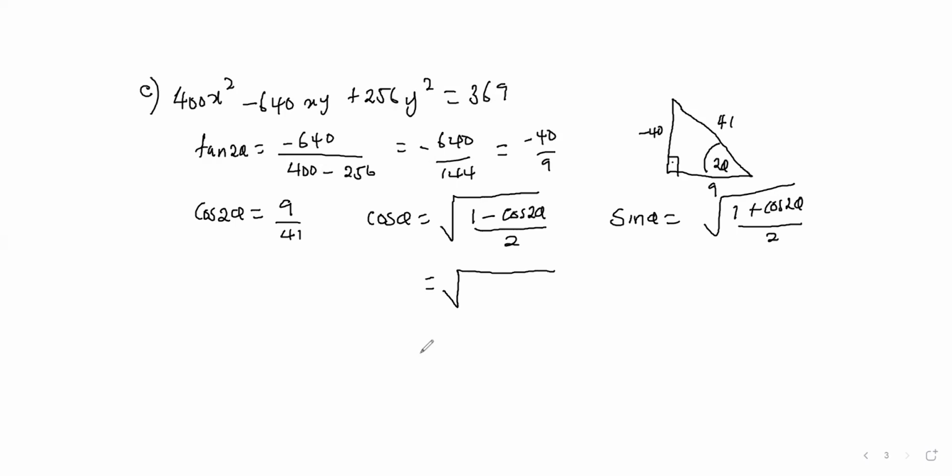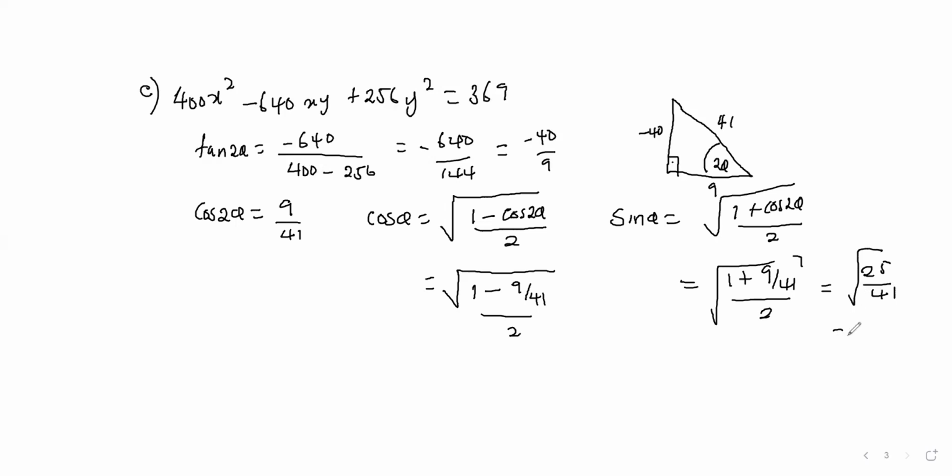You get that? Yes. So we have 1 minus cos 2 theta, 9 over 41, over 2. And the other one, 1 plus 9 over 41, over 2. So this will give us 50 over 41 over 2, which is 25 over 41, which is 5 over root 41.